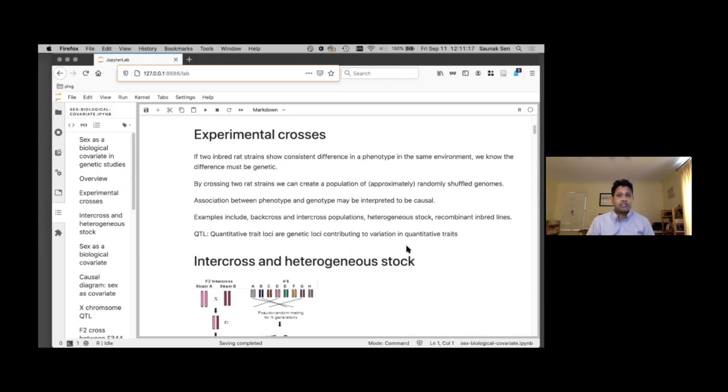The environment is the same, and therefore you can say that the genetic structure must be the cause of the difference in the phenotype.